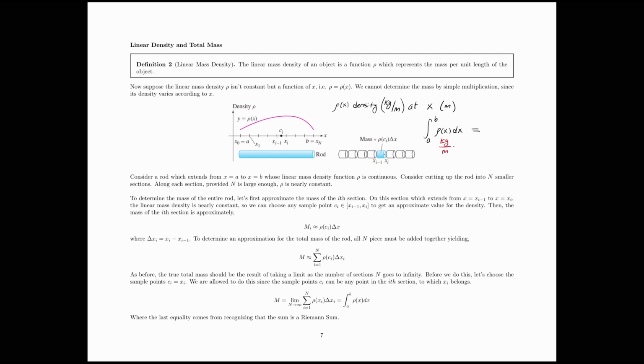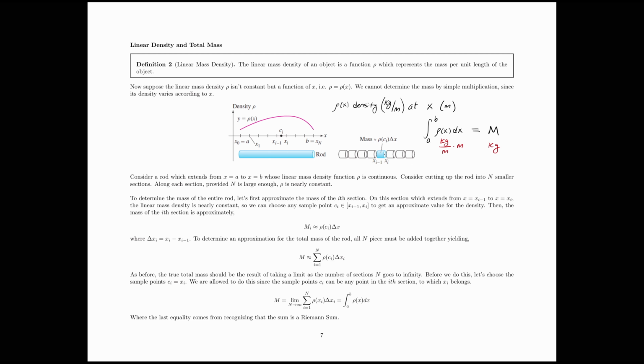So you can interpret rho of x dx as a product: the units of rho times the units of dx, since dx is just an infinitesimally small change in x. The units of x are meters, so the units of our final answer should be kilograms only. So effectively, this gives us mass.